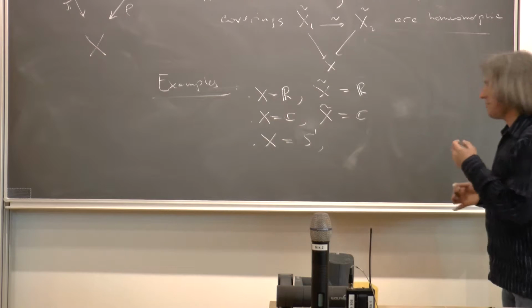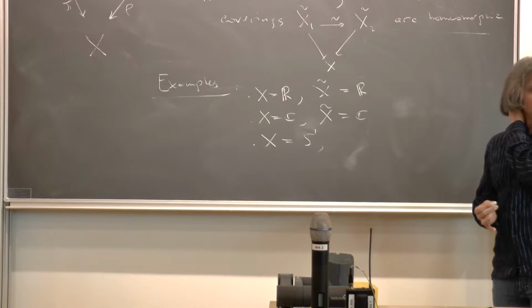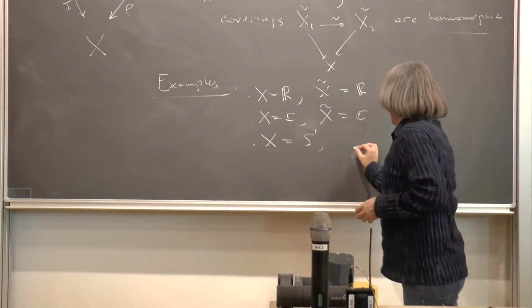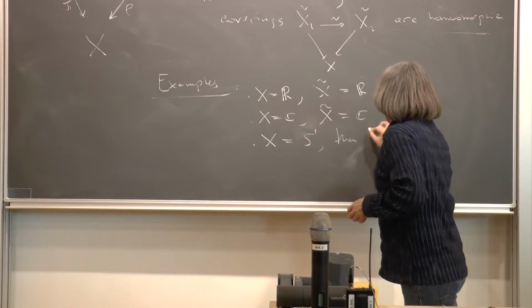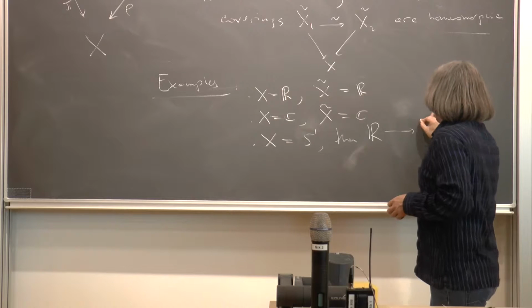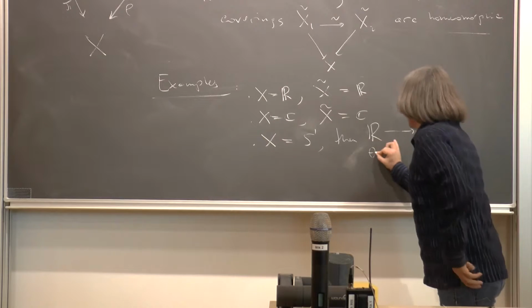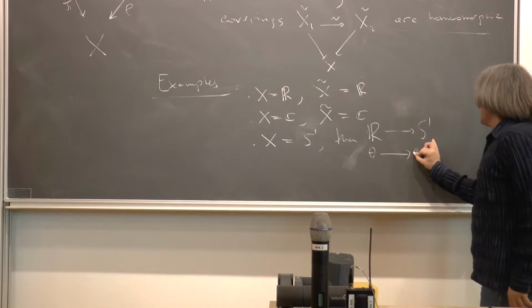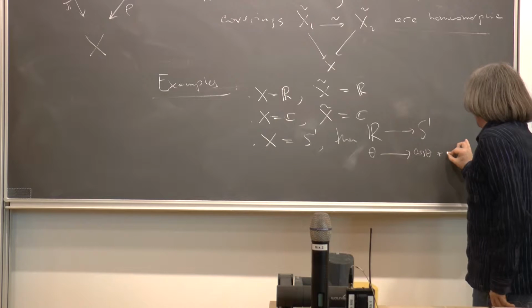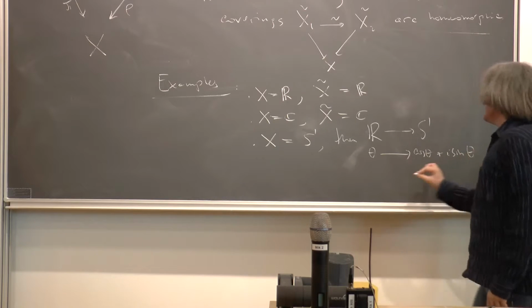I mean, we had this map from R to S1. So then R to S1, which takes theta to cosine theta plus i sine theta, is the universal covering.